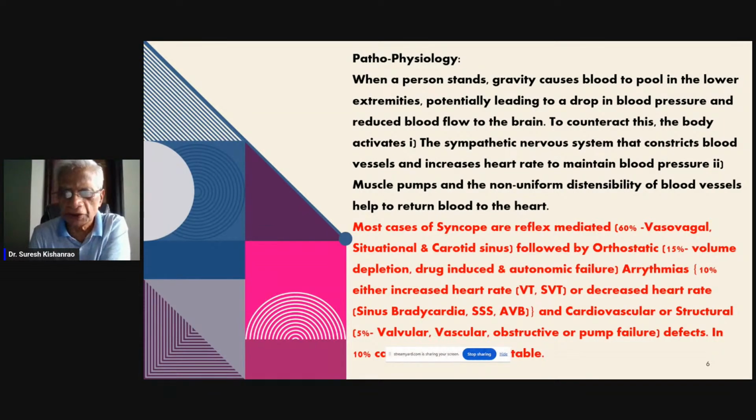To counteract this, the body activates what we call the sympathetic nervous system that constricts the blood vessels and increases the heart rate to maintain blood pressure. Secondly, muscle pump and the non-uniform distensibility of the blood vessels help to return the blood to the heart. The second portion of this slide just describes the proportion of each of these four categories, which we already discussed.